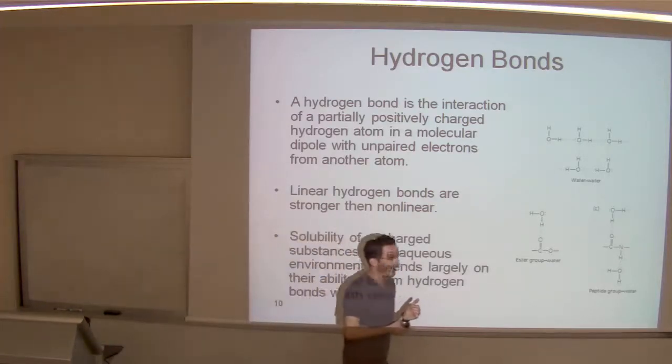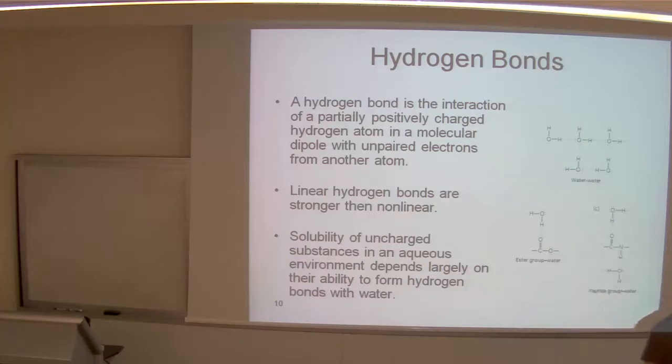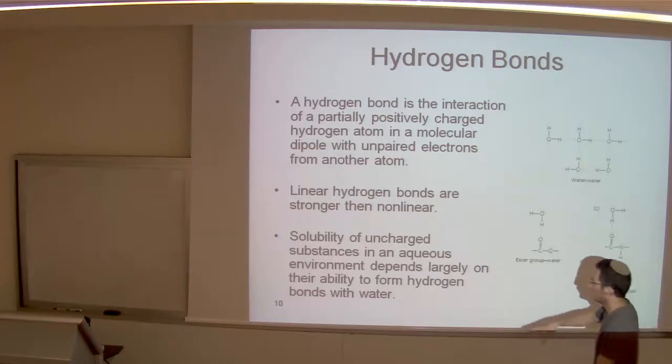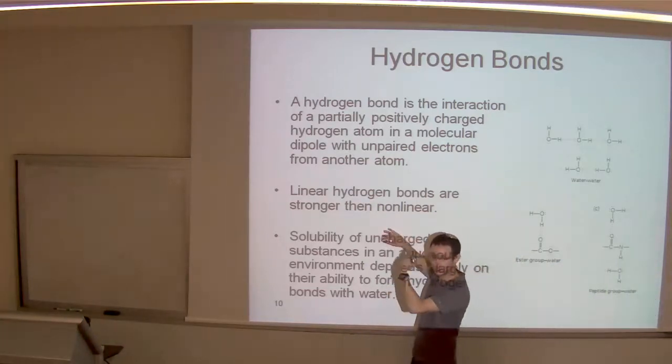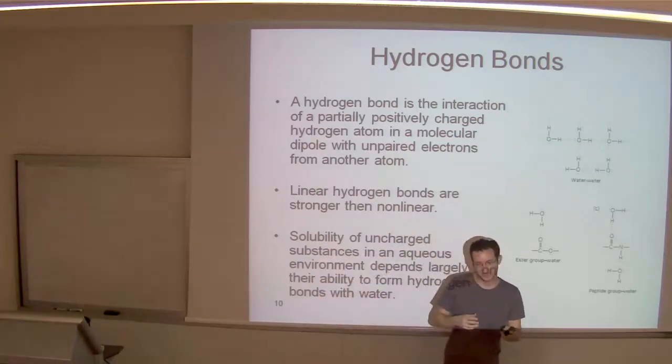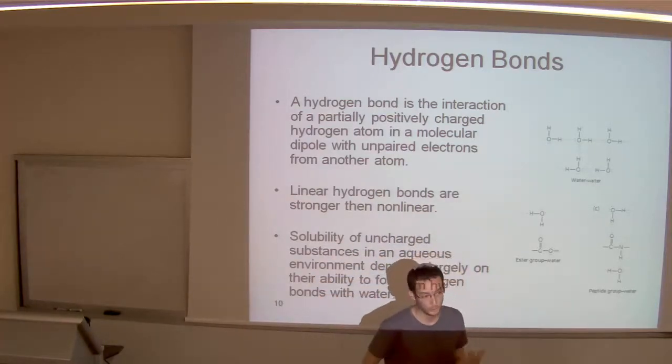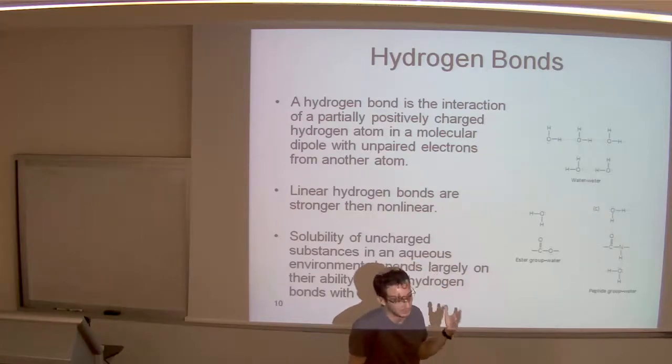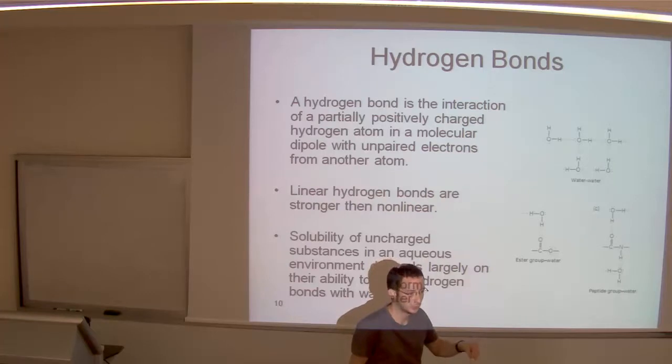Okay, so solubility is the ability of a substance to be dissolved in aqueous solution. The solubility of charged molecules, which was the previous slide, is thanks to ionic interactions, as we saw in the case of ions being placed in aqueous solution.